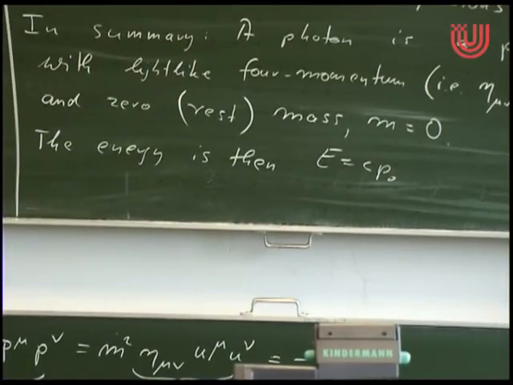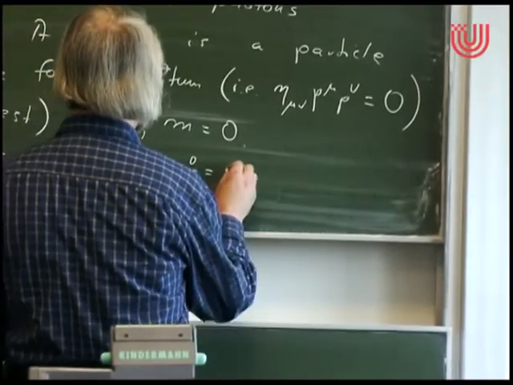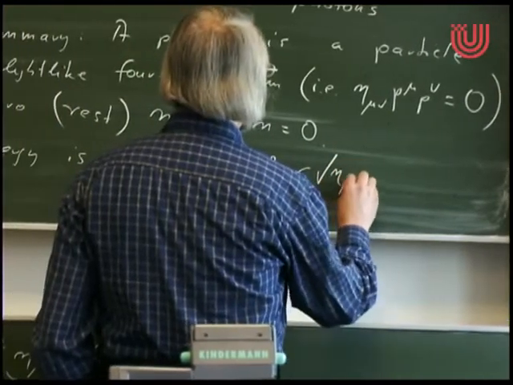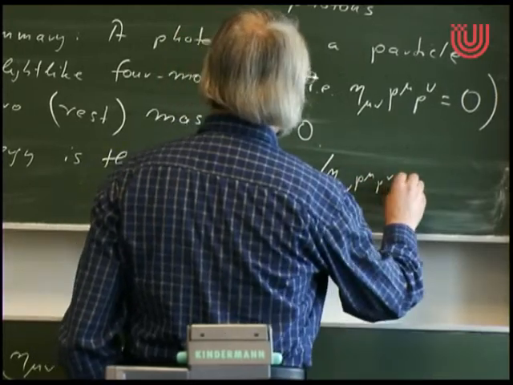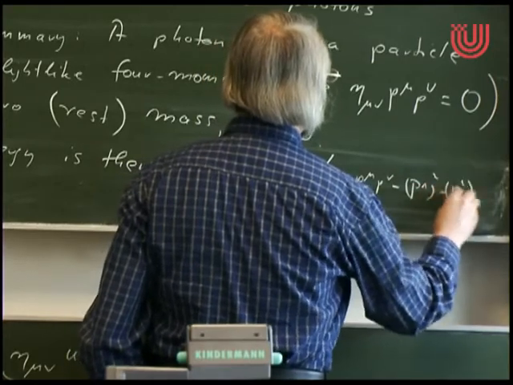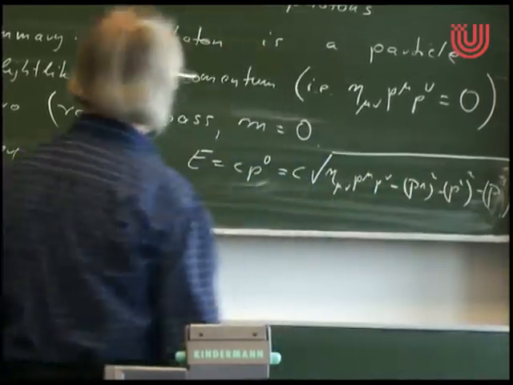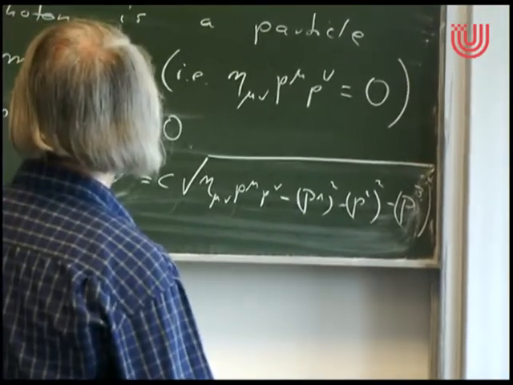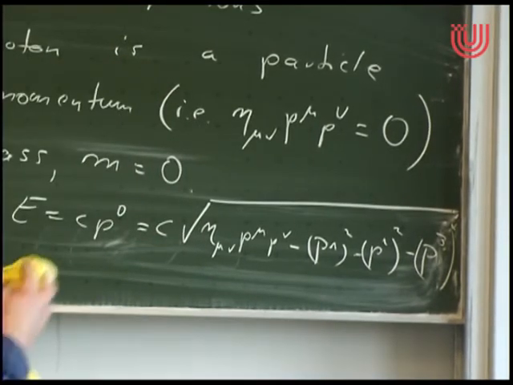Now I have something with a light-like four-momentum, p^0, that's an upper index, sorry. So in this case, okay, let me write it quite generally in the beginning. This is the square root of p^nu minus p1 squared minus p2 squared minus p3 squared. Hope you can read this. No, what did I do? That's nonsense. No, I cannot write it in this way. I mixed two formulas into one.